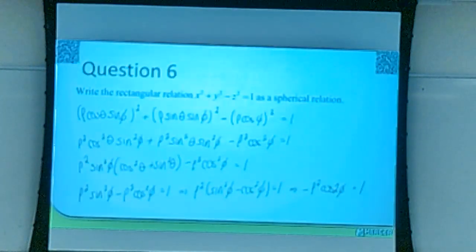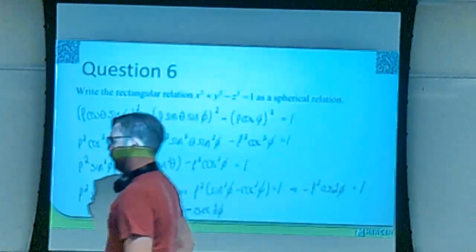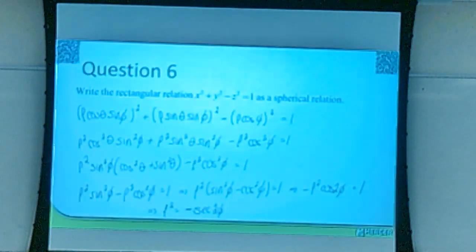Again, typically you might see the relation written in the form rho equals f of theta phi. Right, so I'm going to keep going. Rho squared times negative secant 2 phi, can that be written as rho equals a function of theta and phi?